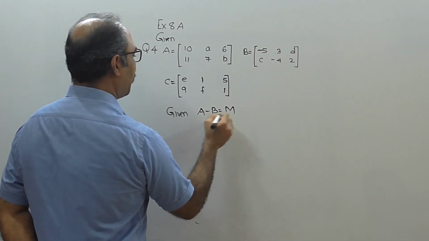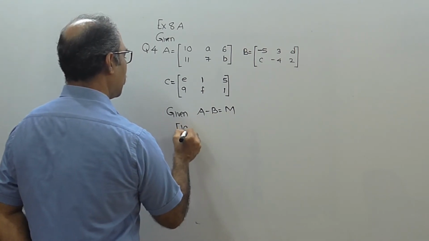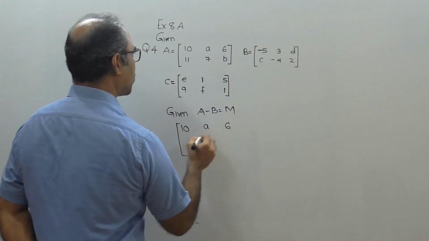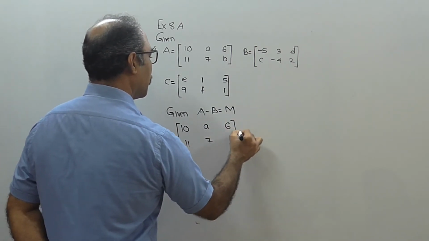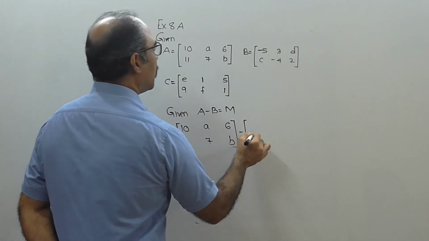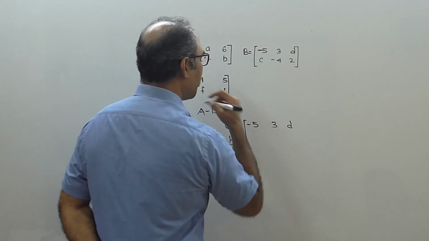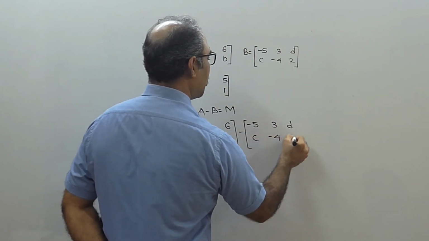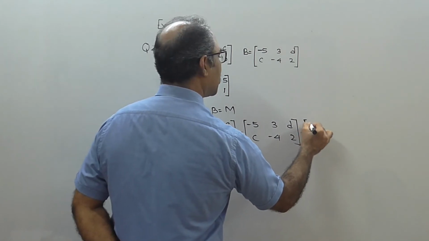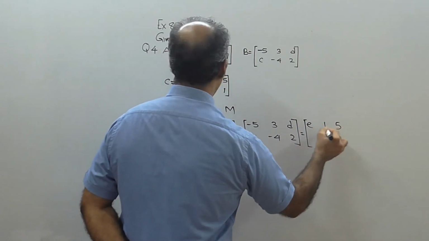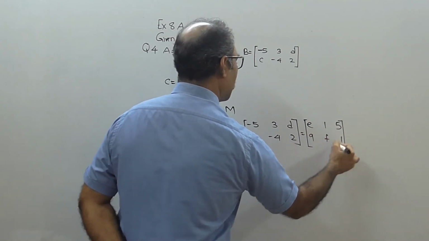For that they have given A minus B equal to M. So A is [10, a; 6, 11, 7, b] minus B, which is [minus 5, 3d; c, minus 4, 2], and M is given as [e, 1; 5, 9, f, 1].